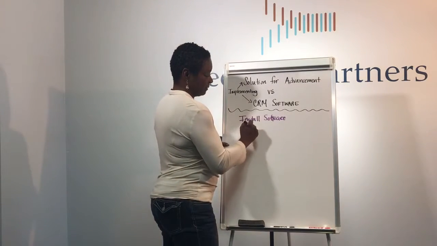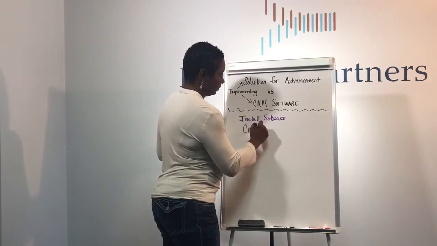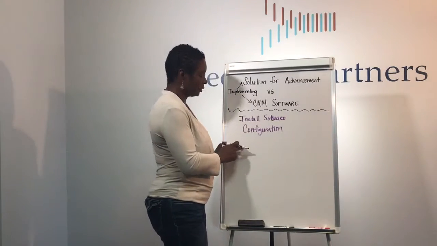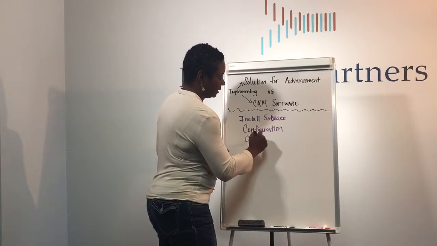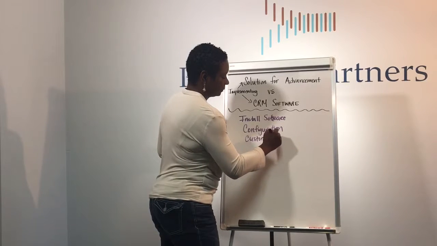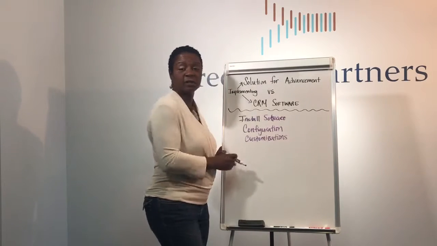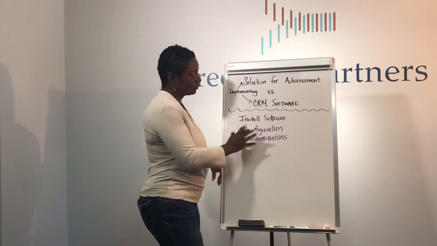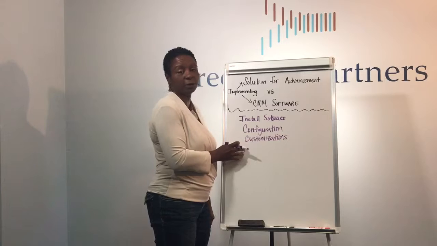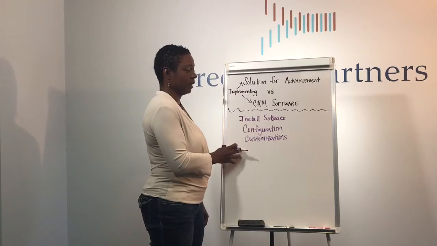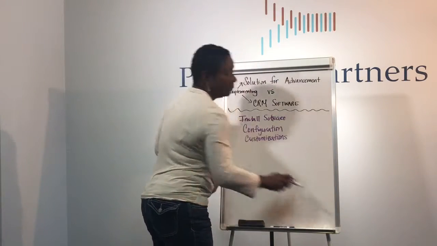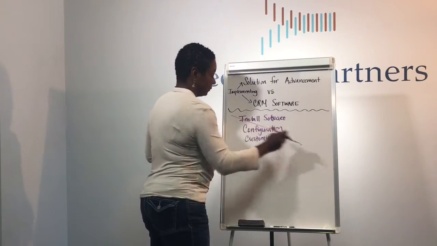And then we have some configurations to make it work for our specific institution and maybe even customizations, such as integrations to the financial system. That is really the total of what we're talking about if we refer to this kind of project as implementing a CRM software. But it's much more than that.